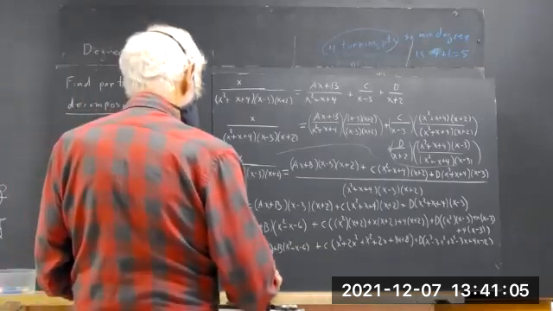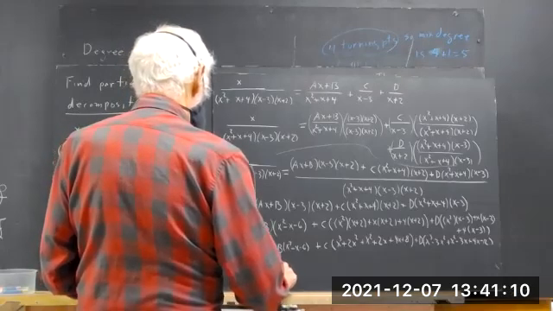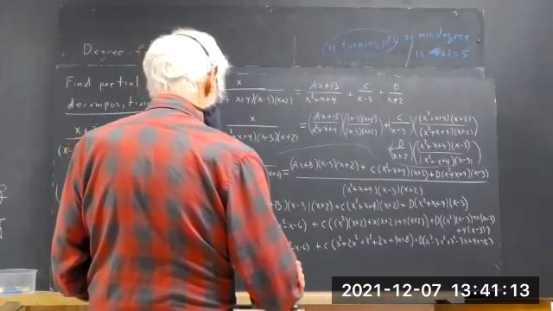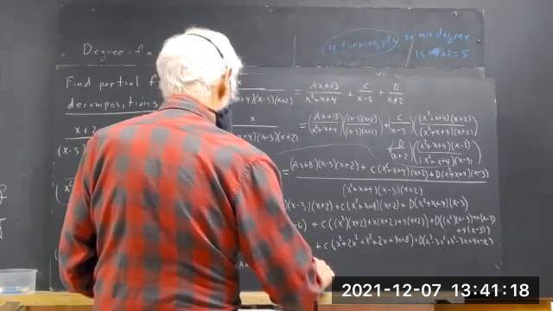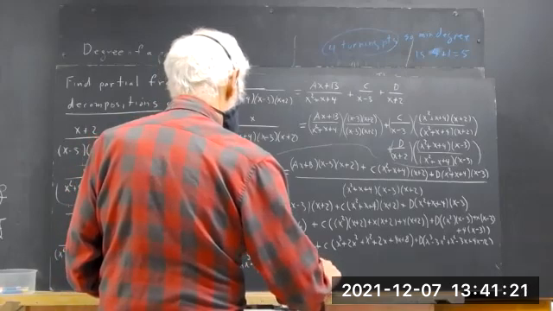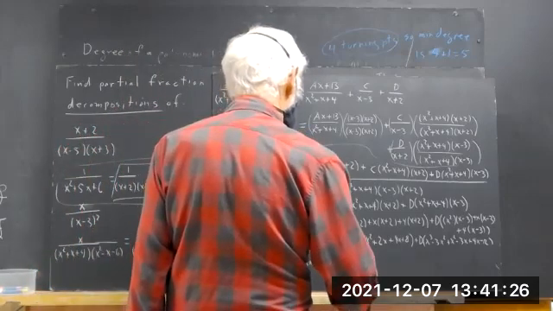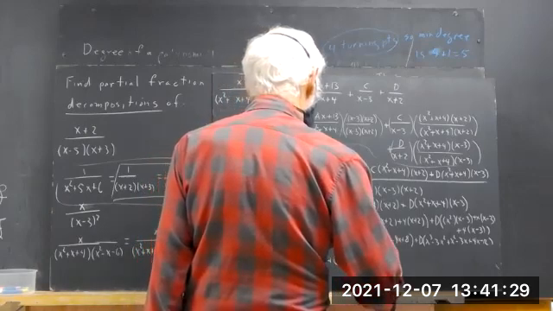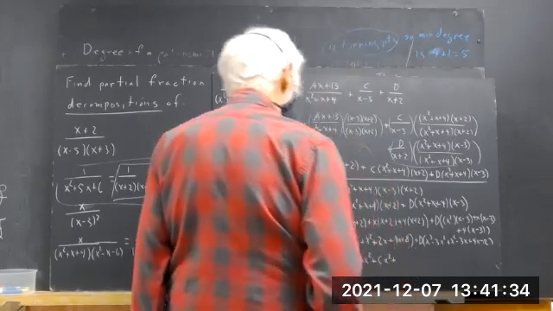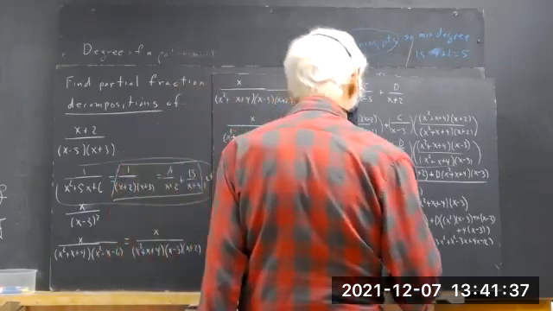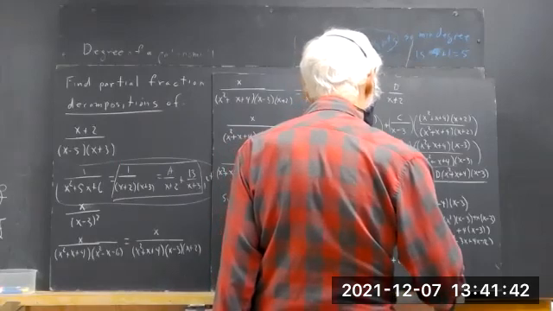It's ax cubed minus ax squared minus 6ax plus bx squared minus bx minus 6b. Then we're going to have cx cubed plus 2cx squared plus cx squared plus 2cx plus 4cx plus 8c.